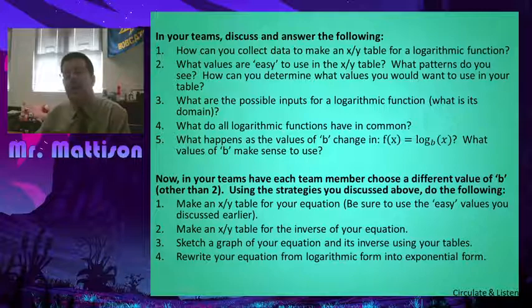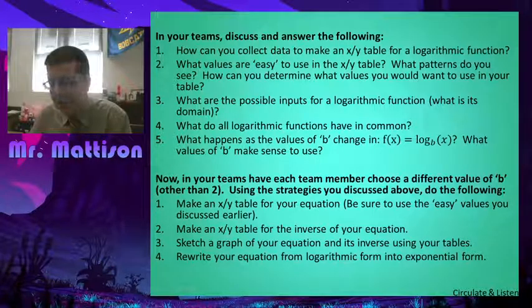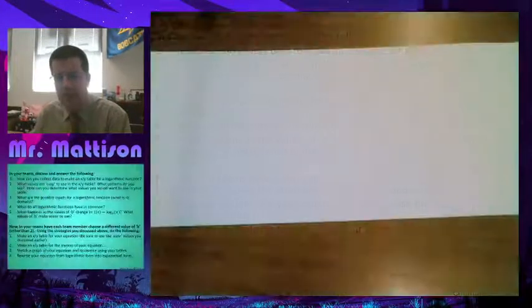And then finally, take your equation with log base whatever of x and rewrite that in exponential form. So use the rules of converting back and forth that we've gone over for the past few times. So go ahead and pause the video, try that out, and then come back here and we will do one together.